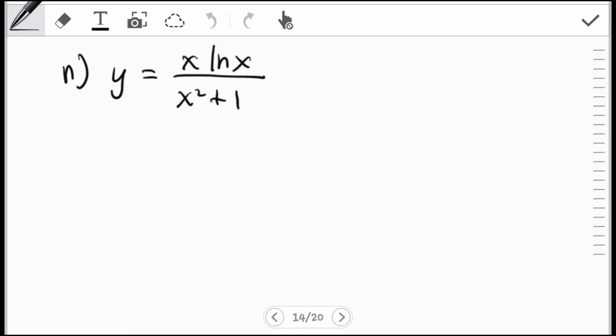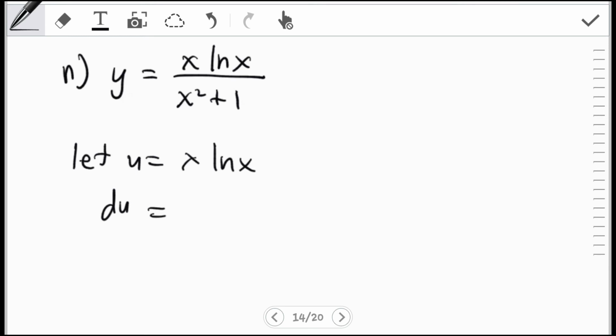Okay. So next is, what is the first derivative of y equals x ln x over x squared plus 1? Again, let u be equivalent to x ln x.